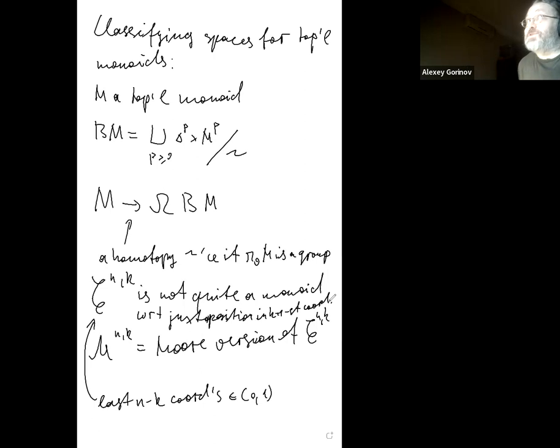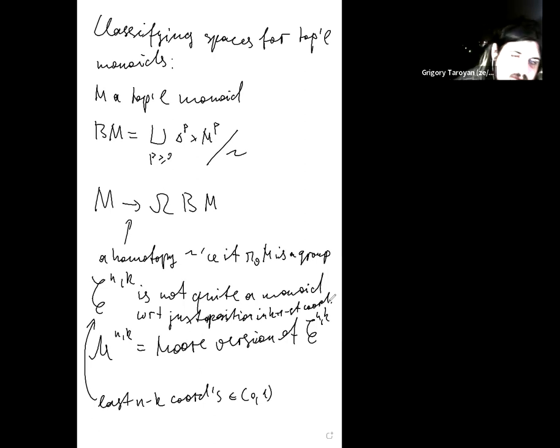In English. Okay, so the difference between the regular loop space and the Moore loop space is that instead of parameterizing loops by intervals of length 1, as we do for usual loops, we allow the parameterization to be of arbitrary length.